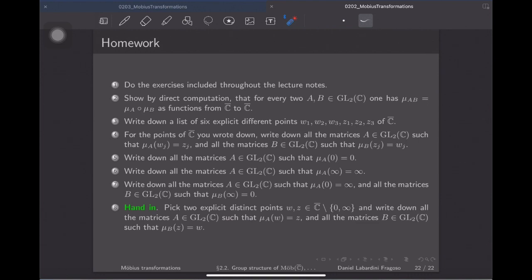By that I mean your favorite ones, like, I don't know, 3 plus 2i and 5 minus 7i. And then for those very explicit points, compute all the matrices such that the corresponding Möbius transformation takes one to the other of those you chose.